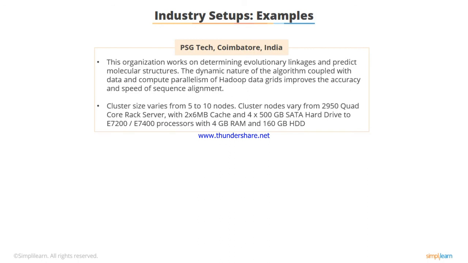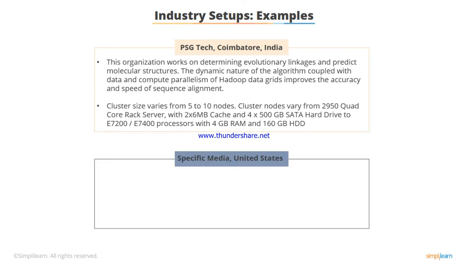The cluster nodes vary from 2,950 quad-core rack server with 2 times 6 MB cache and 4 times 500 GB SATA hard drive to E7200/E7400 processors with 4 GB RAM and 160 GB hard disk.